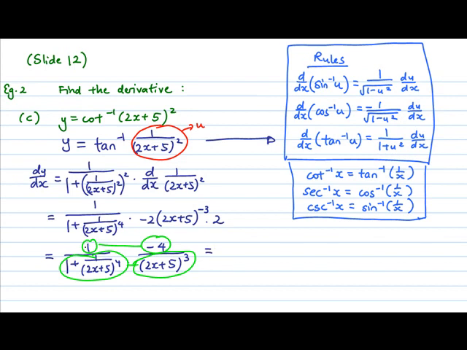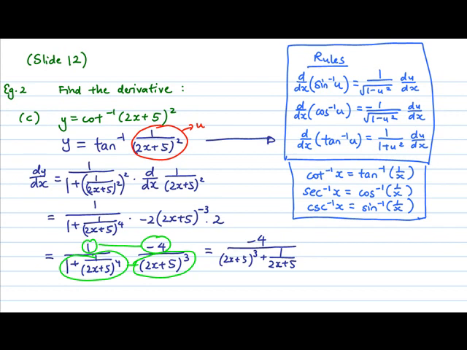So 1 times negative 4, 2x plus 5 power 3, times 1 over 2x plus 5 power 4. You can see a cancellation here.